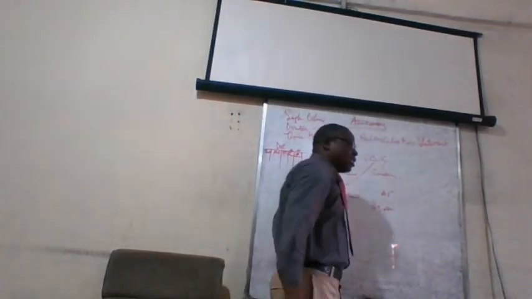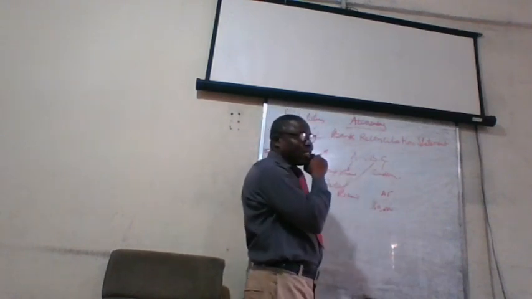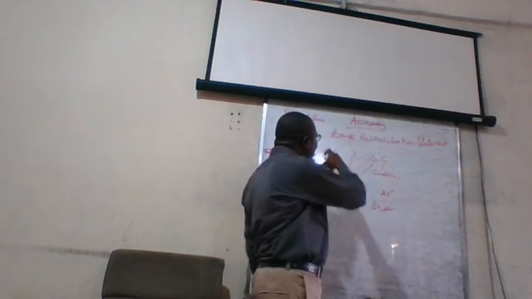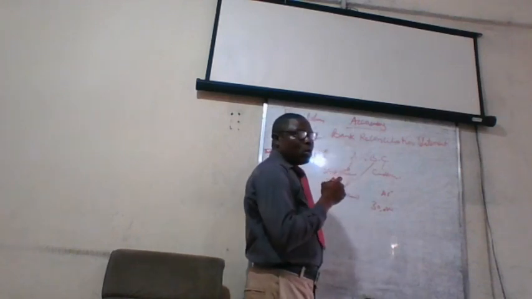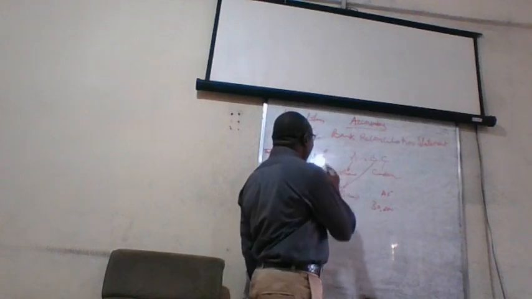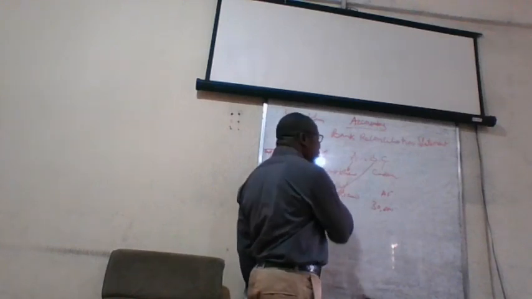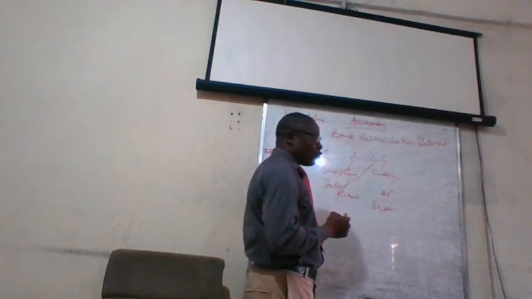Now, we are looking at bank reconciliation statements today. And I took us back to where we ended last time on the cash book. We've seen the three types of cash book we have. We have a single column, we have double column, and then we have a triple or three column cash book.